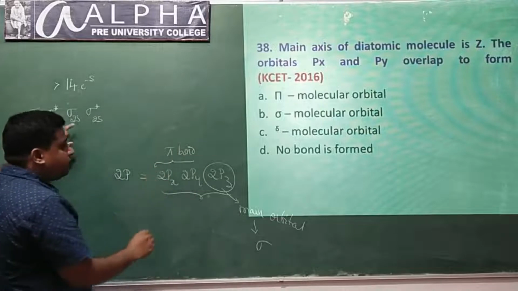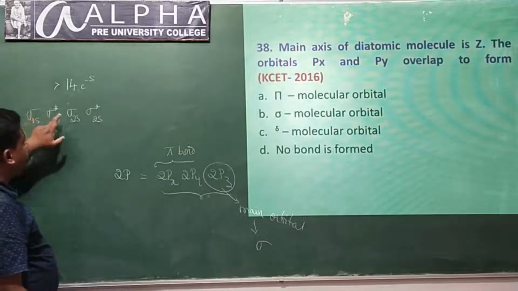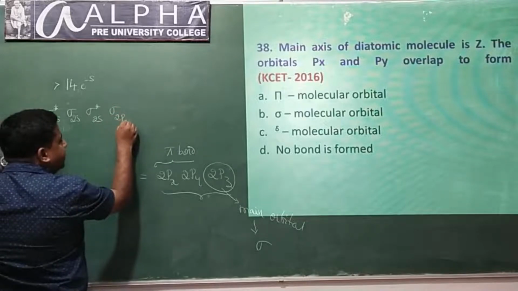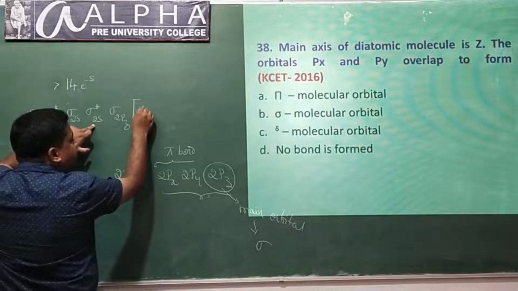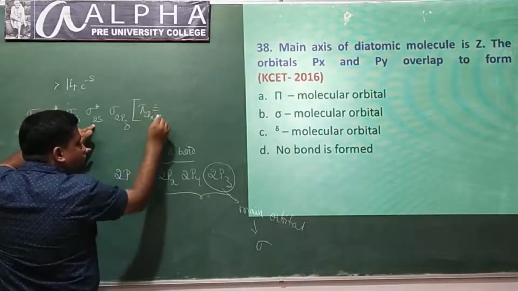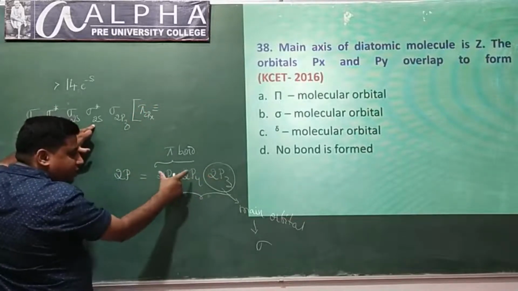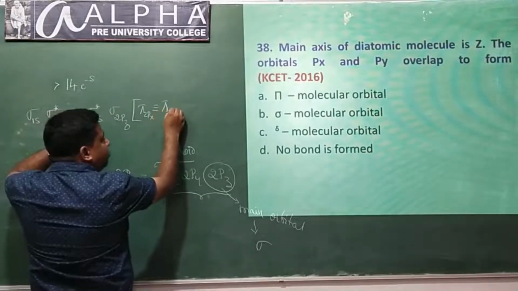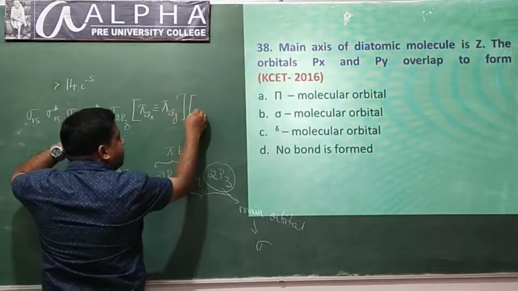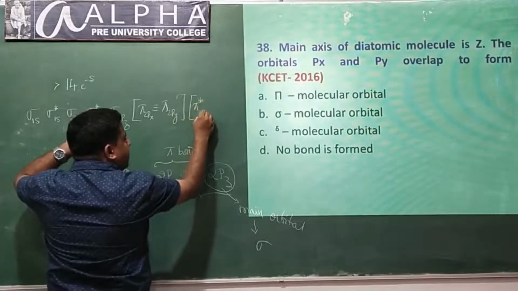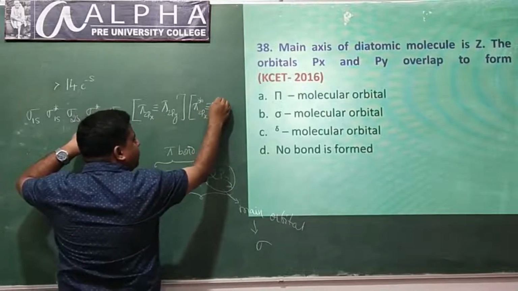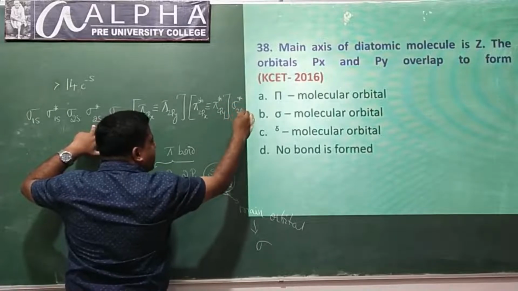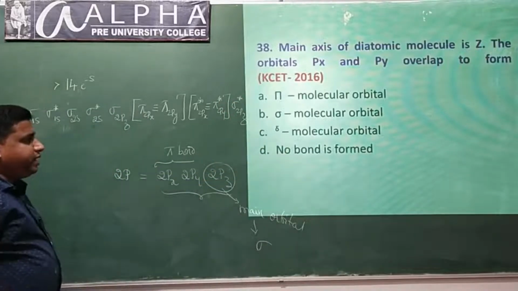That is what we used to write: sigma 1s, sigma star 1s, sigma 2s, sigma star 2s, and then sigma 2pz, followed by pi 2px, pi 2py, correct? And then pi star 2px, pi star 2py, and lastly sigma star 2pz. Are you getting my point?